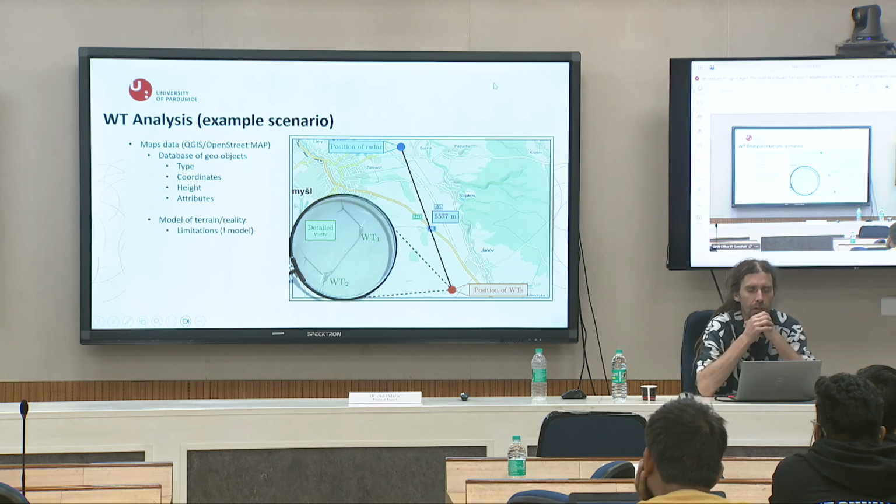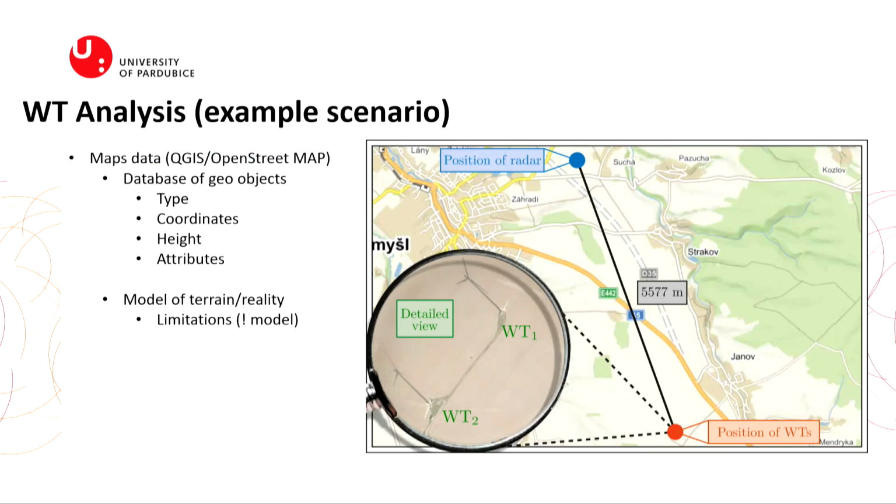Another really important source of map data is QGIS software. It is free software that you can download, and it uses OpenStreetMap as the standard. So if you open this software, which I will show you later, you directly see OpenStreetMap.